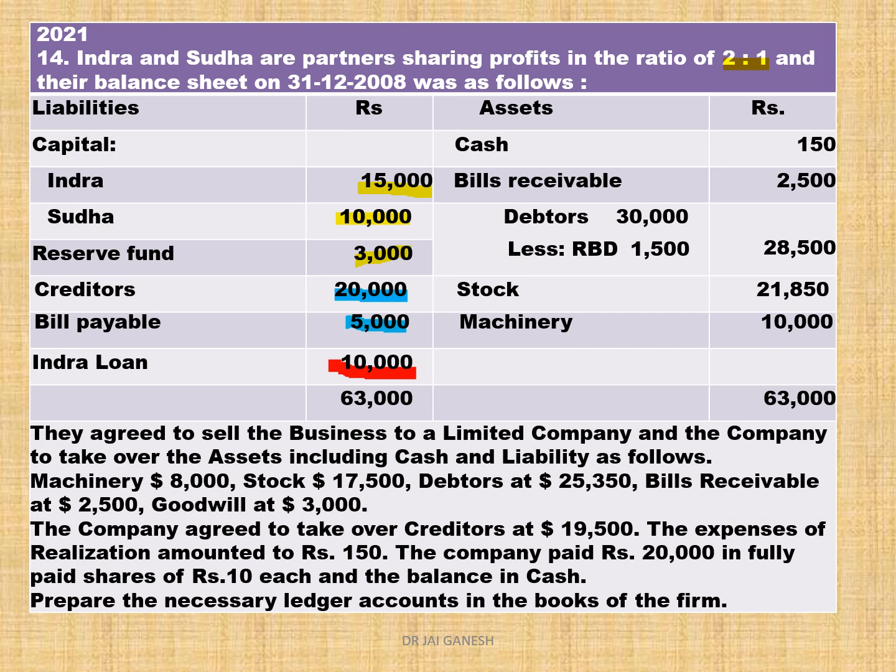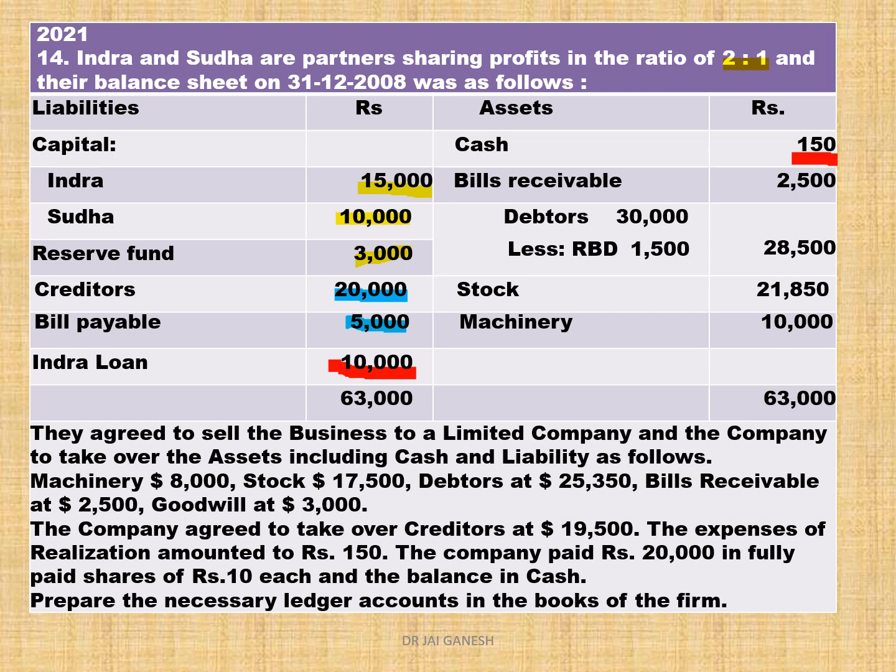And next we have this cash to be taken to bank account because they have not mentioned that cash is taken over in the adjustment. Machinery taken over, stock taken over, debtor taken over, BR taken over, goodwill taken over. Oh, sorry. Clearly they mentioned that they are taking over including cash also.